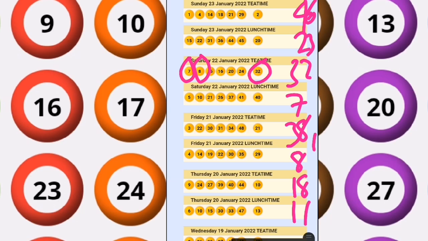Here are the bankers that I gave to you guys on that date, and we have 3 numbers that came out from our bankers. So if you pair these bankers and got these 3 numbers correctly, congratulations to you guys.